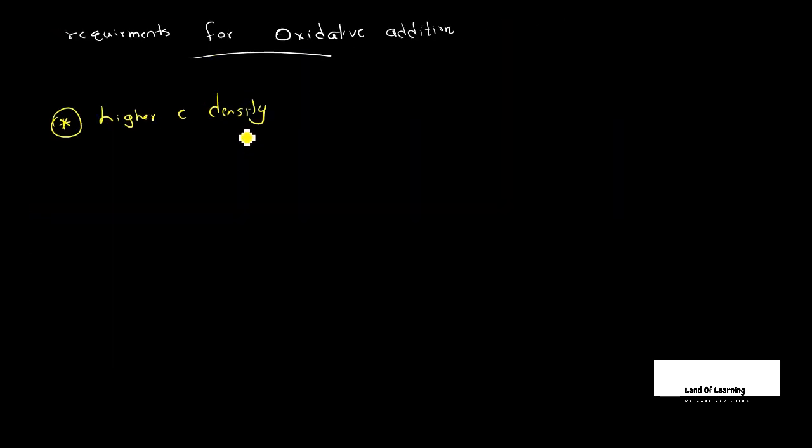So the first condition is higher electron density on the metal center, or otherwise we can say a lower oxidation state. If your metal center has a higher oxidation state like positive 4, positive 5, positive 6, which means the electron density is much lower, it cannot act as a nucleophile in order to start the oxidative addition. So this is the first and important requirement for the metal center.